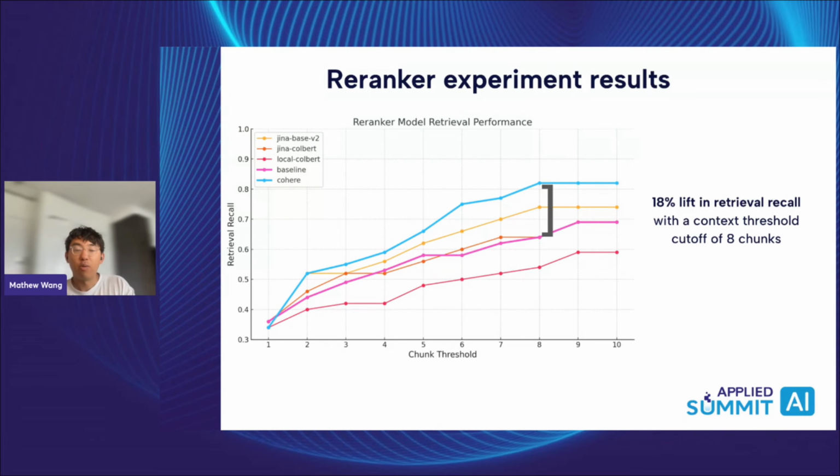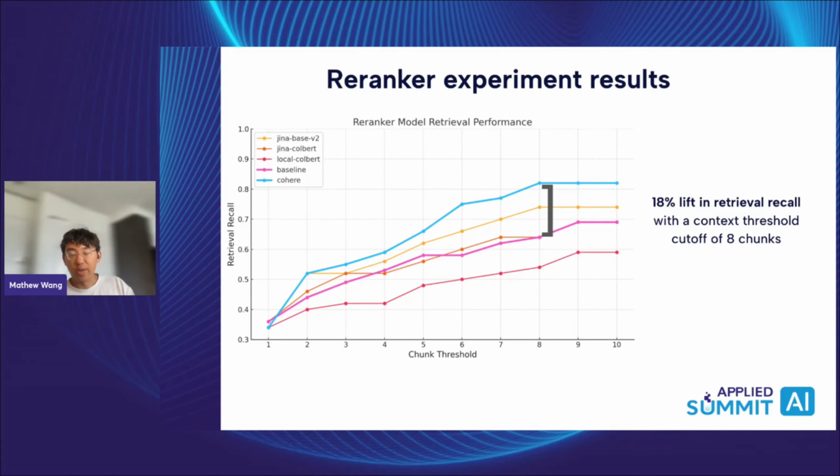One thing I want to point out is that, obviously, as you increase the amount of context, your retrieval recall naturally increases, because you are giving your retrieval system more chances to find the right context. If you imagine the extreme, if you retrieve the entire knowledge base, your retrieval recall, assuming the answer is in the knowledge base, is going to be 100%.